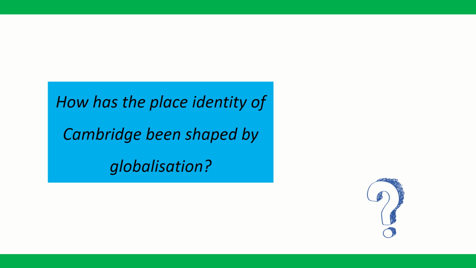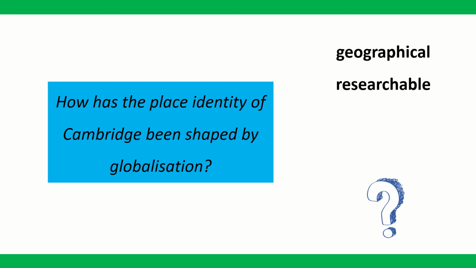What about this question from the places topic? How has the place identity of Cambridge been shaped by globalization? Let's analyse that. Was it geographical? Certainly geographical. It links to a couple of key different topics within the course, and therefore we can say yes, it is geographical.